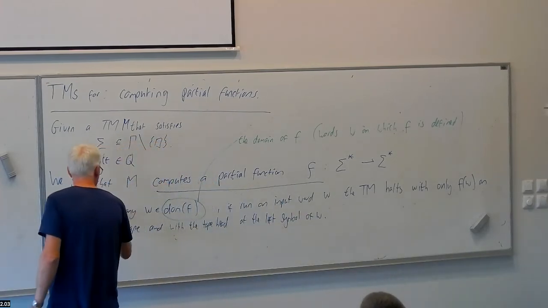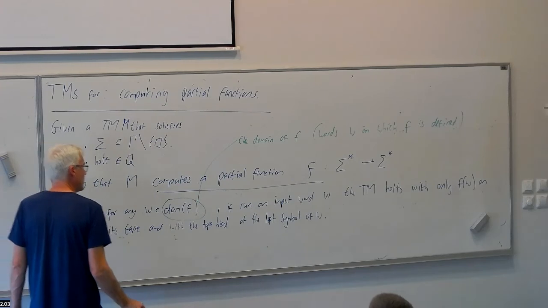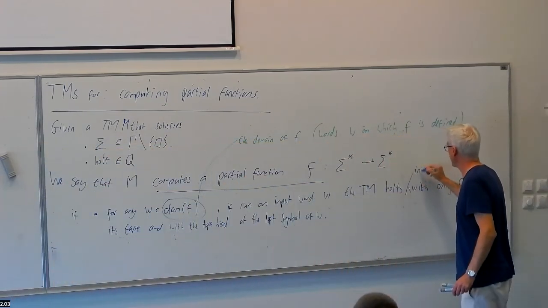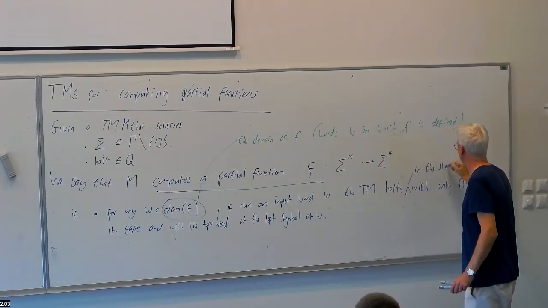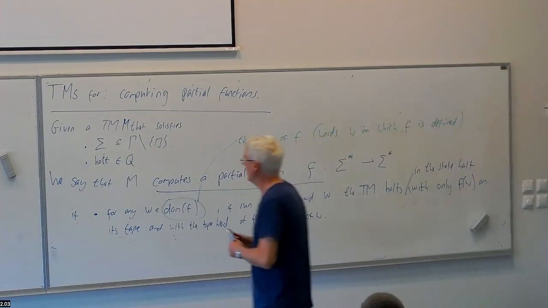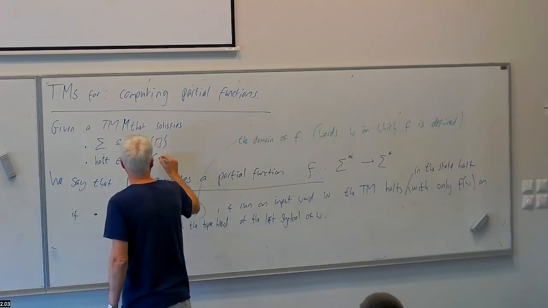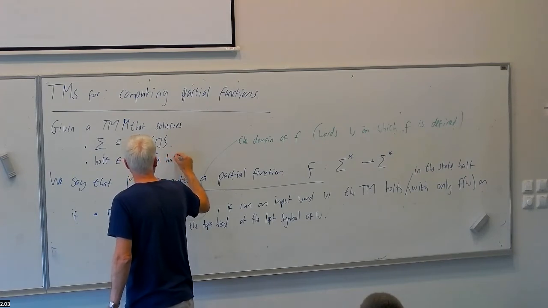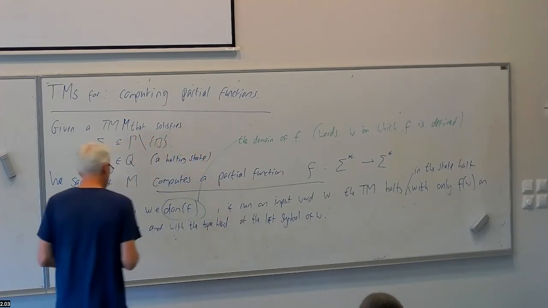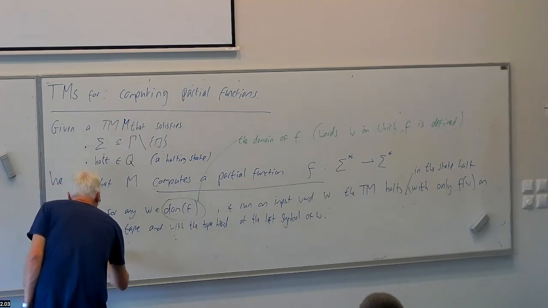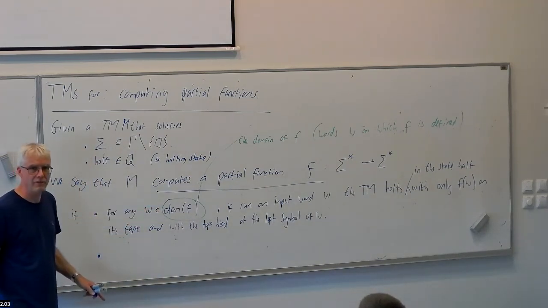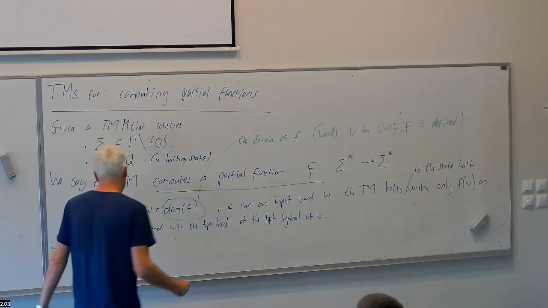So that's the first requirement, which is what the Turing machine does, halting in the state halt. And again, halt here should be a halting state. And the second requirement: this is what it needs to do on a word that's in the domain of f.